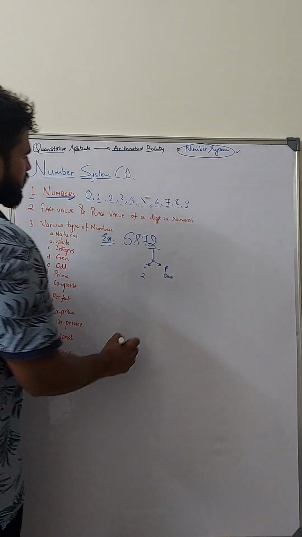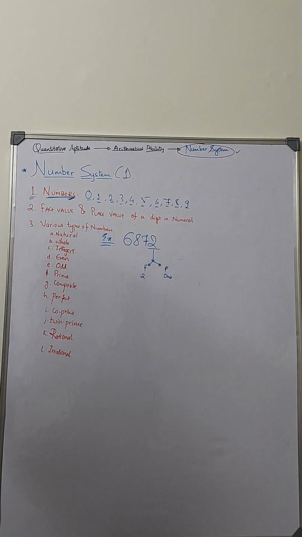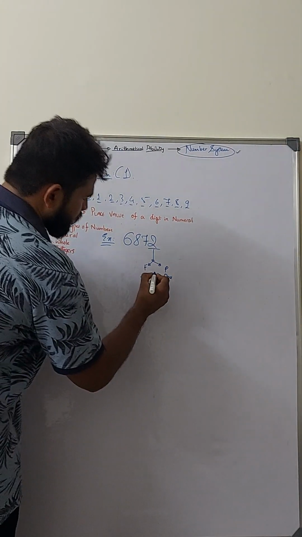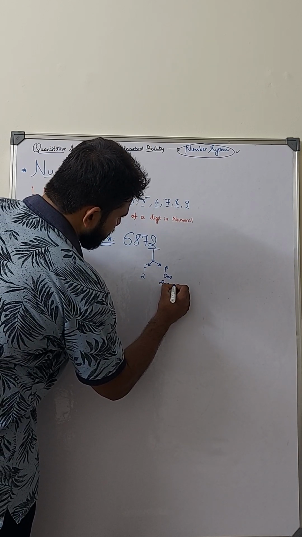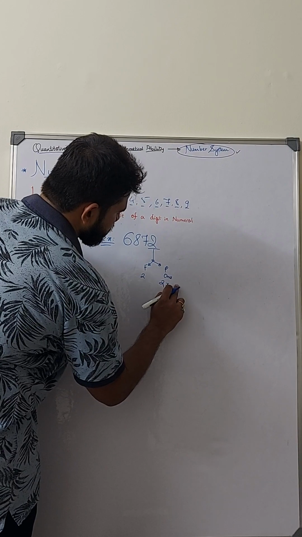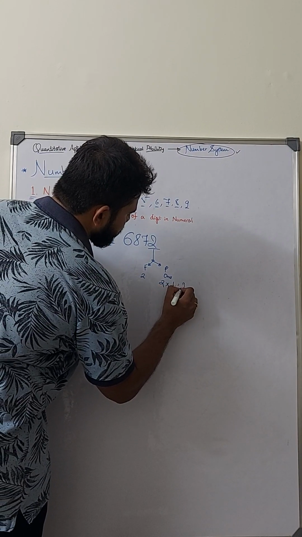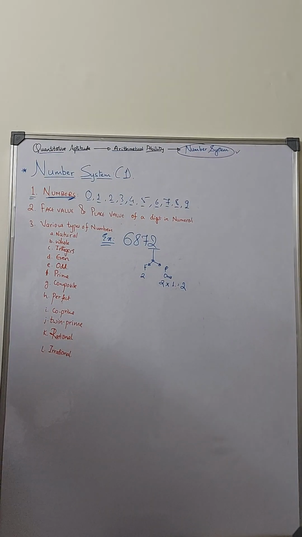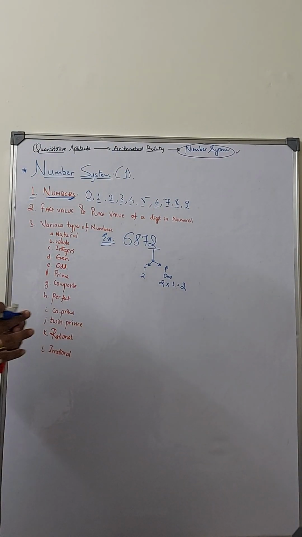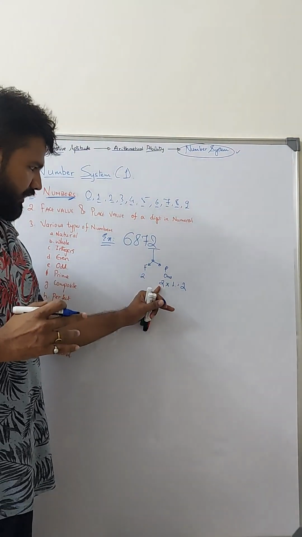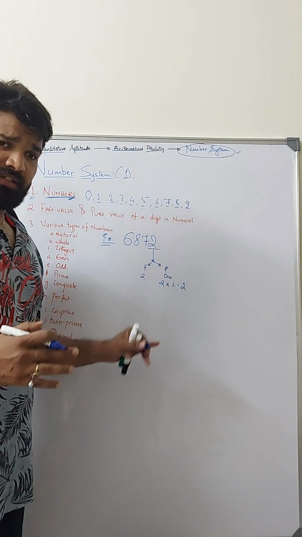I hope you guys are getting this. And because it is ones, what you will do is multiply the face value with the ones, that is nothing but 1, which will give you 2. So this is the place value. Place value means multiplying the number, that is the face value, with its place value.